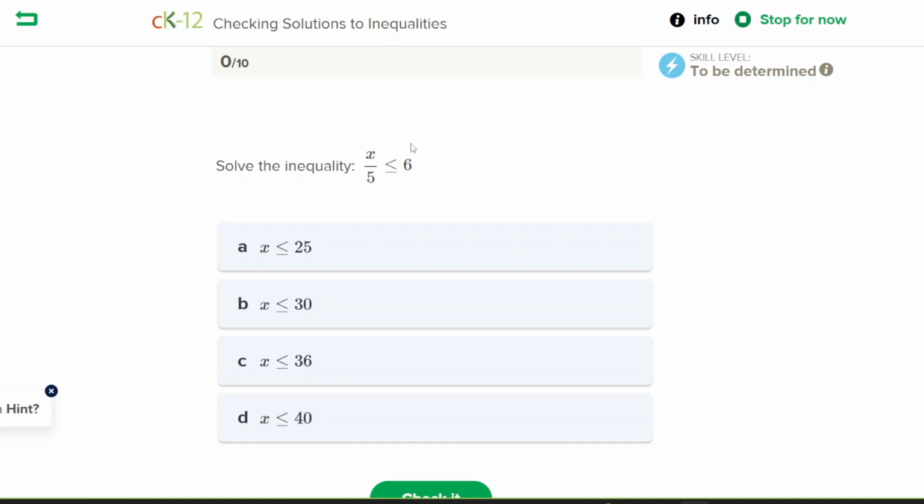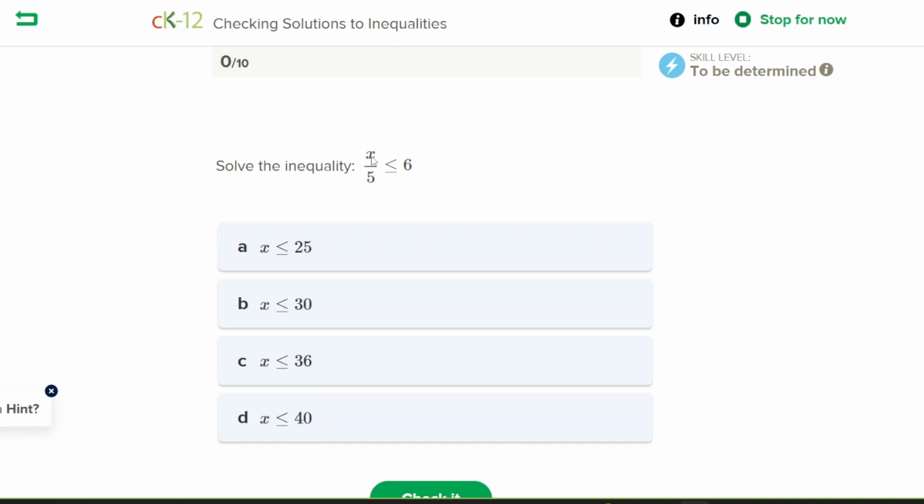Okay, so we're starting off straight away. We're asked to solve an inequality. Now, whenever you're asked to solve anything, you're trying to find or describe what values can the variables take, the letters, so that the statement is a true statement.